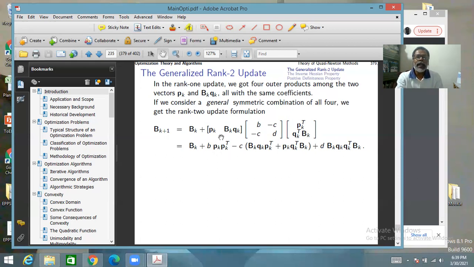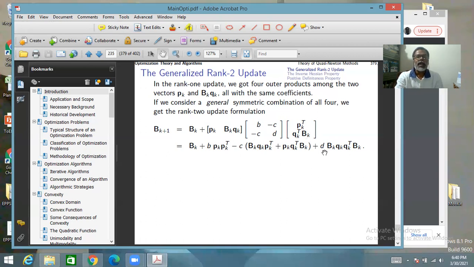When we open out this product, we get the same four terms which were there in the rank 1 correction: pk pk transpose, Bk qk pk transpose, its transpose, and Bk qk qk transpose Bk. But rather than all the same coefficient a, here we get b, minus c, and d.